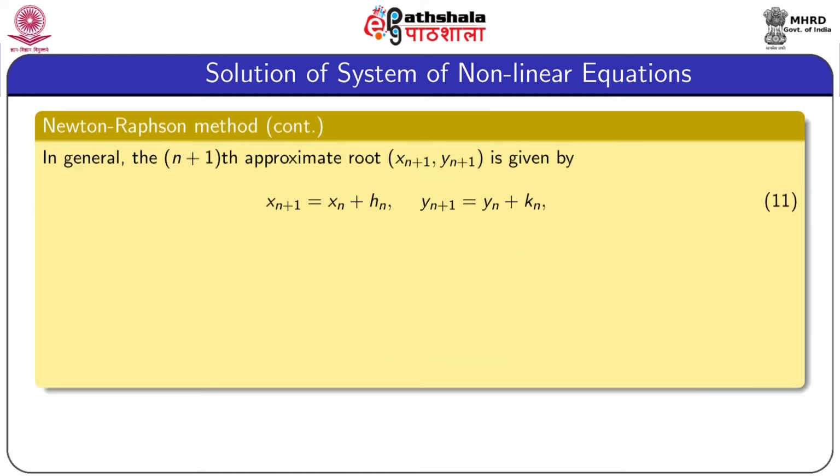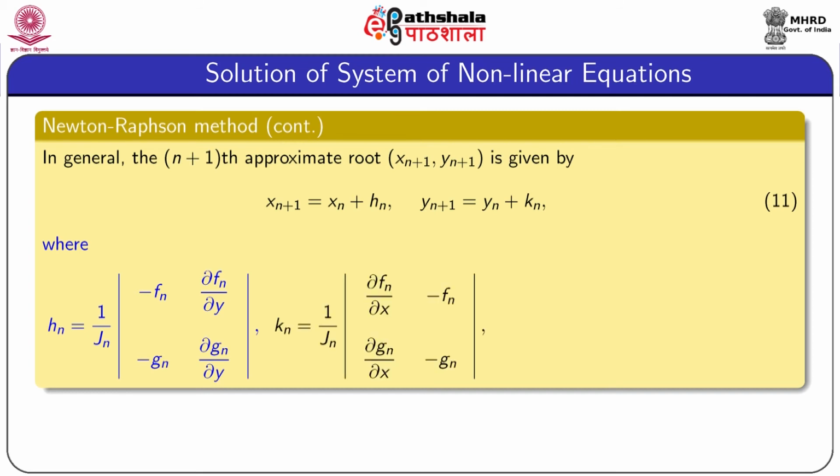In general, the (n+1)th approximate root (x_{n+1}, y_{n+1}) is given by x_{n+1} = xn + hn and y_{n+1} = yn + kn, where hn equals 1 by Jn into a determinant of order 2 by 2 whose first column is -fn and -gn, second column is ∂fn/∂y and ∂gn/∂y. Similarly, kn is given by this expression, and Jn is the determinant of the coefficient matrix evaluated at the point (xn, yn).